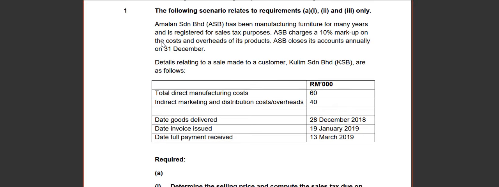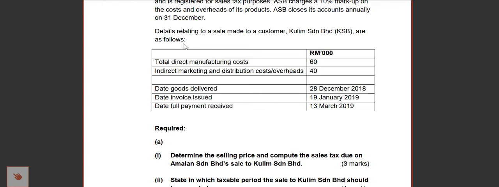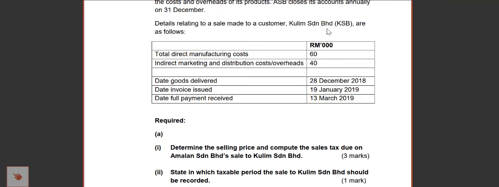Okay, the first one, they say Amalan has been manufacturing furniture for many years and is registered for sales tax purpose, and they charge 10% markup on the cost and the overheads, and they close account annually to 31st December. So the detail relating to a sale made to a customer, Kulim, so they sell to Kulim.